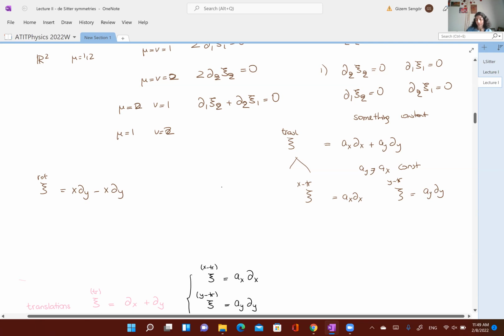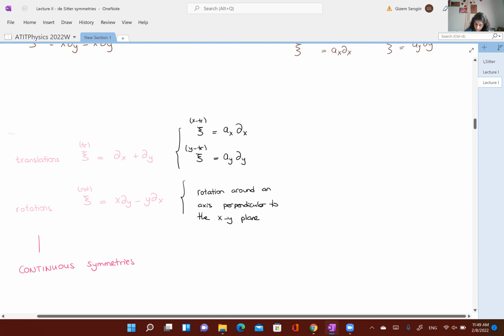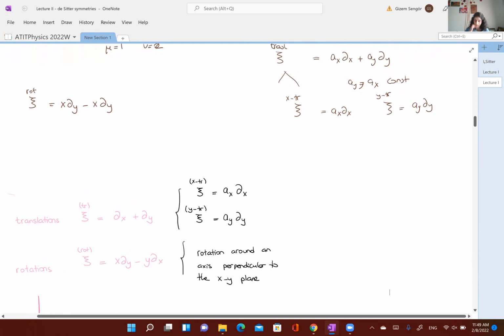Now, these are all the isometries. Well, there is one more, maybe you saw it, but you did not mention it, but just wait a little bit.